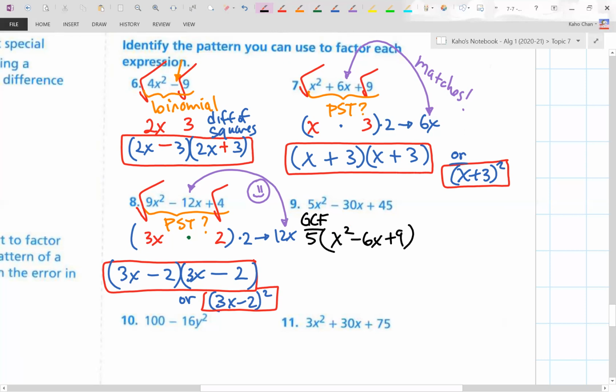That looks almost like number 7, doesn't it? But there's a minus plus here, literally. So that means, is it a PST? And it is. As you can see, the work from number 7 is going to be the same as here. The square root of x squared is x. Square root of 9 is 3. When you double it, you'll get the 6x in the middle.